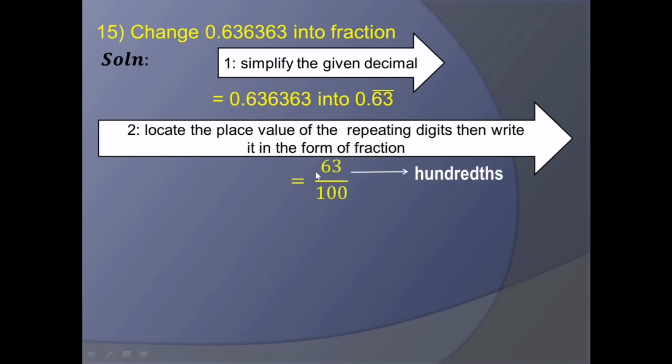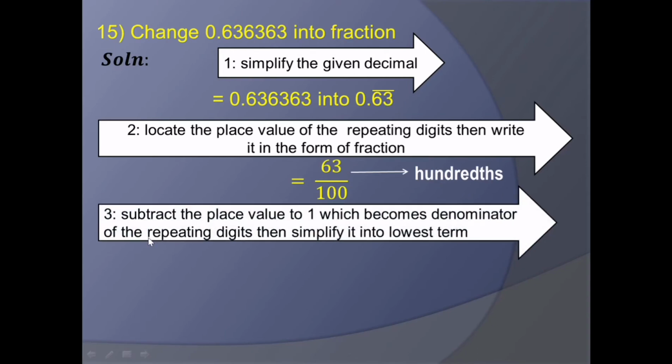So we have 63 over 100, because the last digit of the repeating number is in the hundreds place, so over 100. Then the third step is to subtract 1 from the place value, which becomes the denominator of the repeating digits, then simplify it into lowest term.